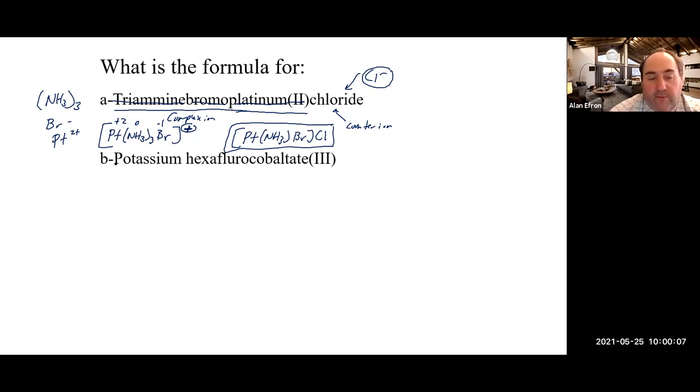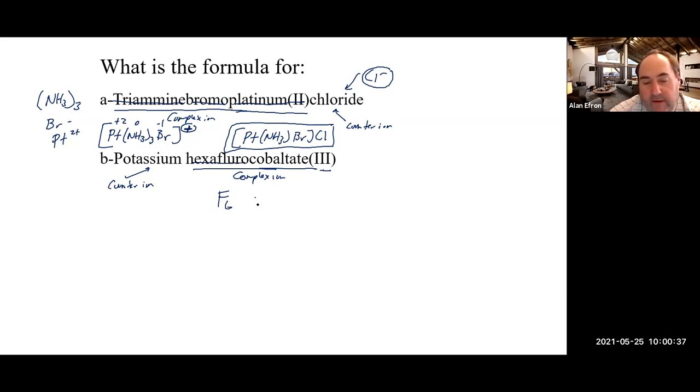All right, so working through the same sort of approach. First, we see cobaltate, and we see Roman numeral 3 here. So this tells us this is the complex ion part, which means that over here is going to be our counter ion. We'll work with the complex ion part first. Hexafluoro is basically 6 fluorines, and that's it.